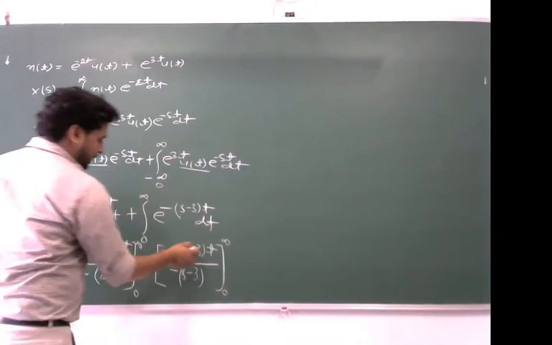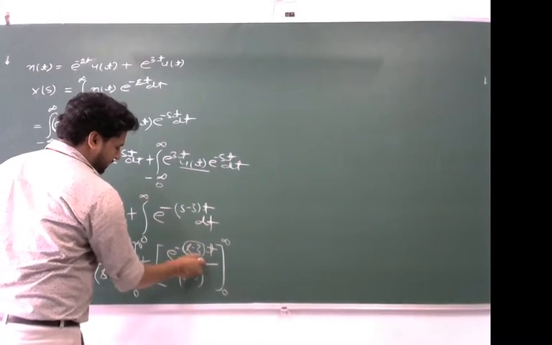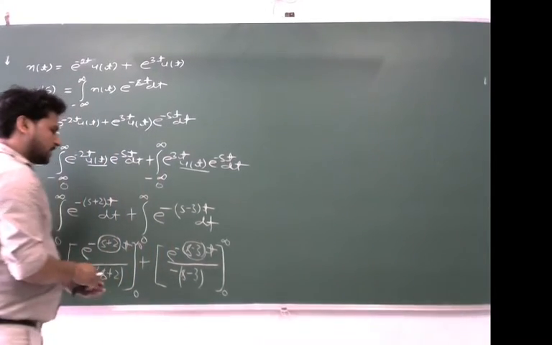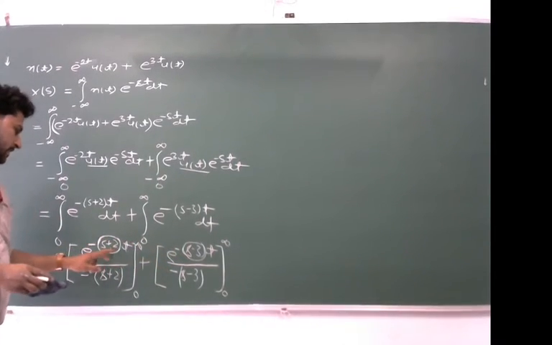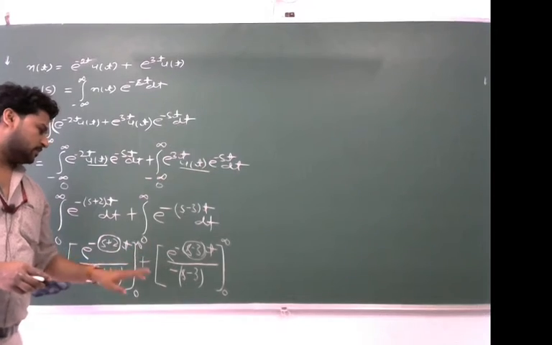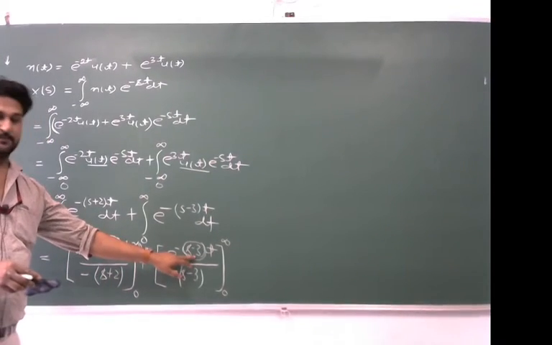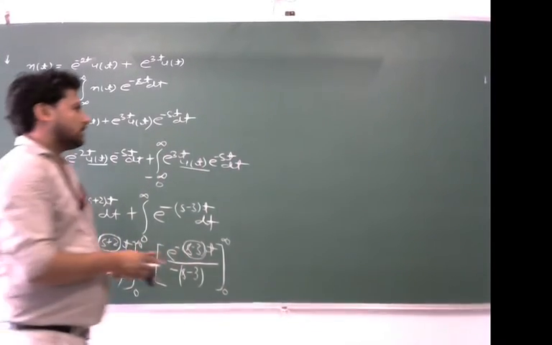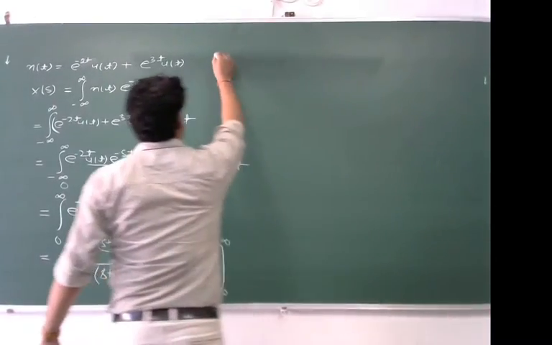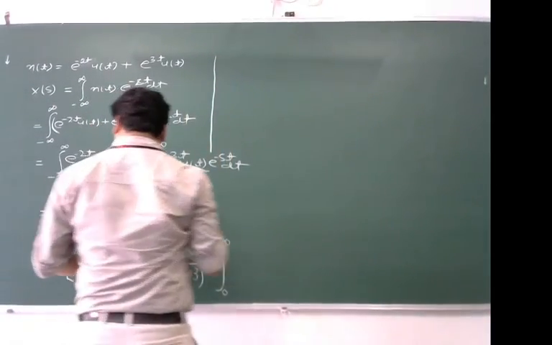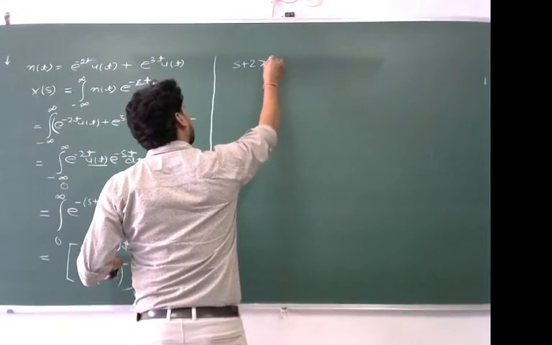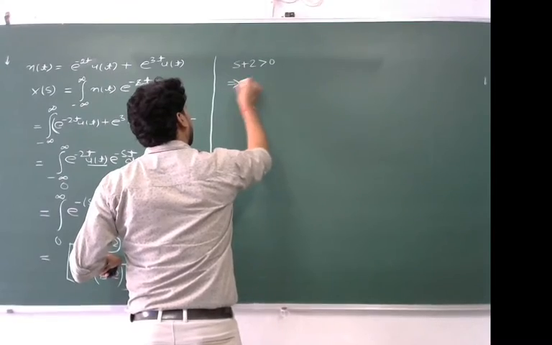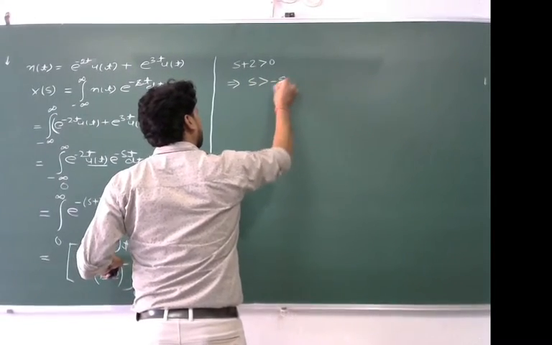Here also, the term s minus 3 should be greater than 0 so that this can converge. So for the ROC, s plus 2 should be greater than 0, which means s should be greater than minus 2.